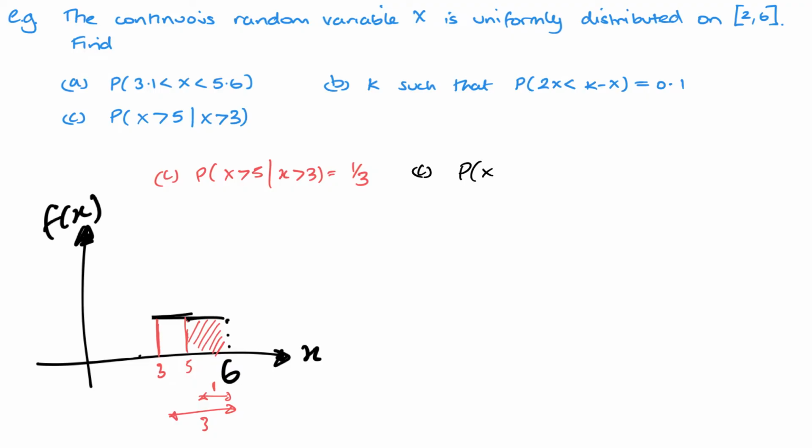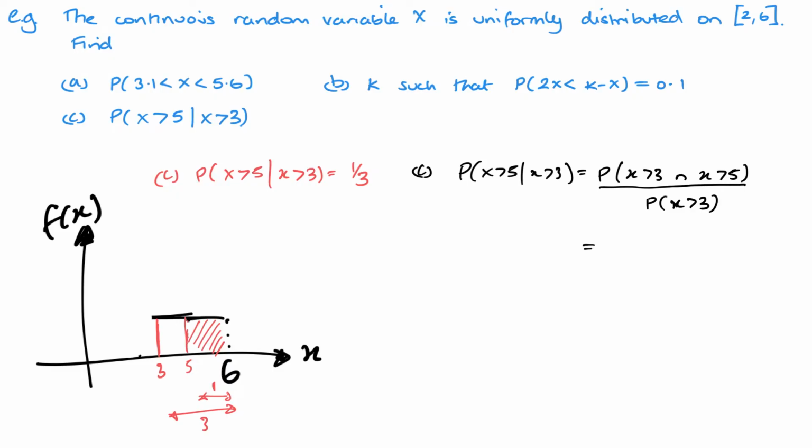So the probability where x is greater than 5, given that x is greater than 3, would be the probability of where x is greater than 3 intersection x is greater than 5, and that will be all over the probability where x is greater than 3.